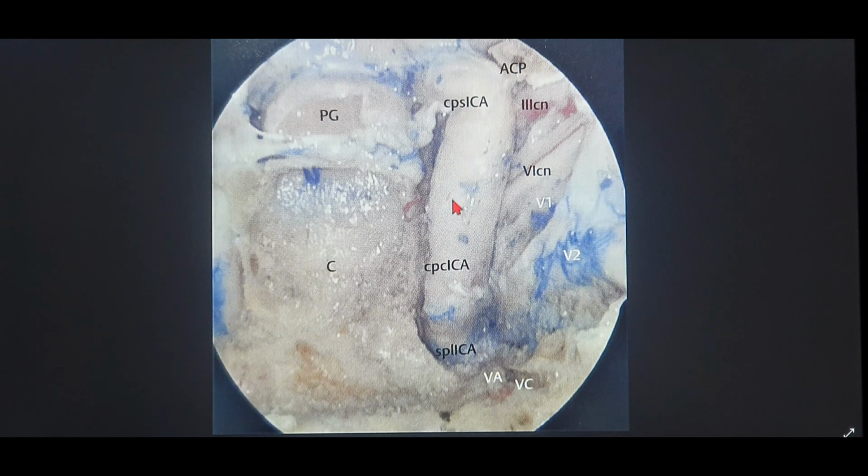The paracellar has three parts: a short vertical segment, which you can see right over here, then it takes a turn laterally to form the genu. Here is also a formation of genu, so you can see that's a posterior genu, and it turns around laterally to form the horizontal segment, and then it turns again upwards to form an anterior genu again over here.